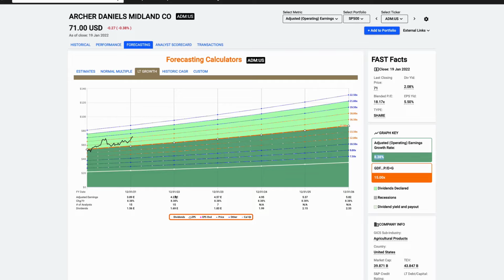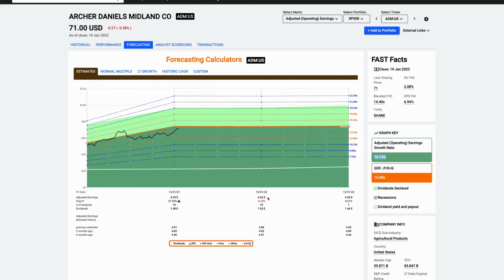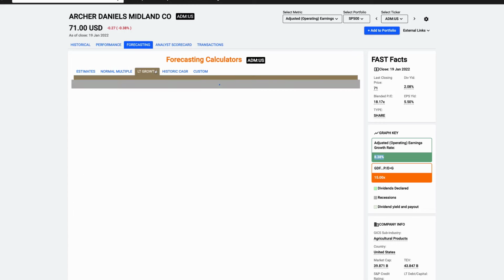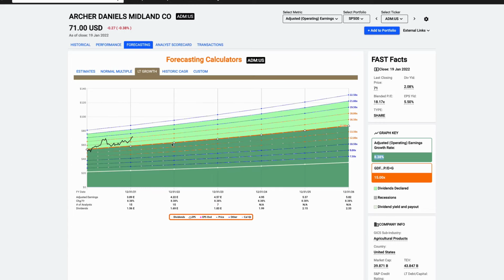So in 2022, it would be expected to be $4.22 in terms of earnings, where in 2022 over here, the individual estimate is $4.92. So there's a big difference there. But once again, it's a different set of analysts and a different group of estimates being used for this. So you can kind of get a different picture of what analysts are expecting this company to do.